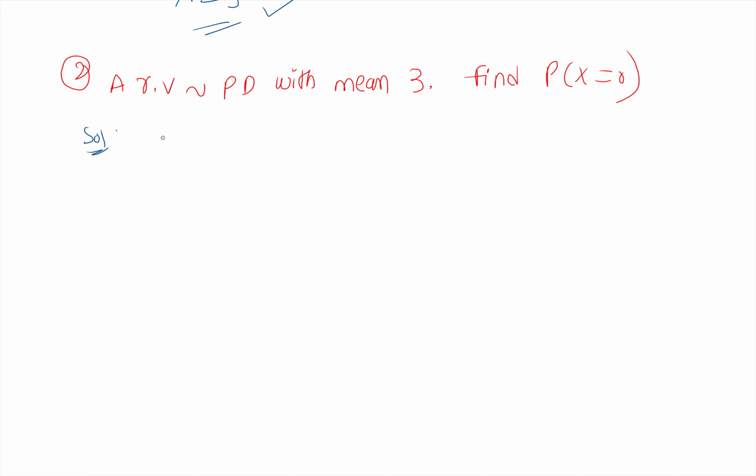I have already discussed that the PMF of Poisson distribution is e to the power of minus lambda, lambda to the power of x by x factorial, where lambda is equal to 3, x is equal to 0.